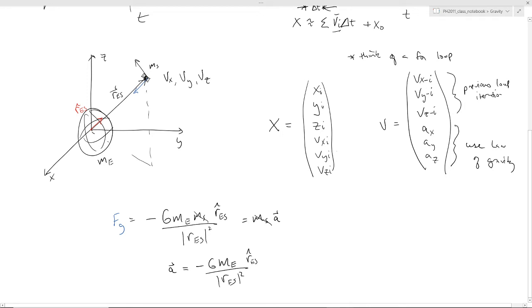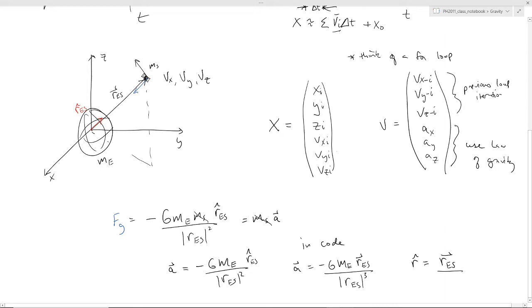Now, in the code, what this will look like is actually slightly different. Rather than having this in terms of the unit vector, this will look like the vector between them divided by the magnitude cubed. And the reason that we can write it like this is, remember that the unit vector is a special vector that has a length of 1 and points in the direction of your vector.